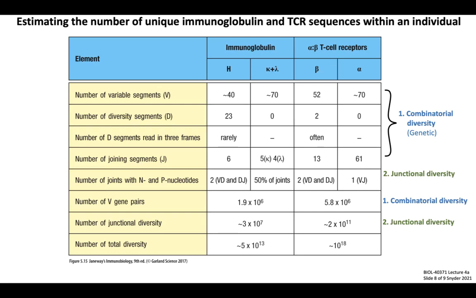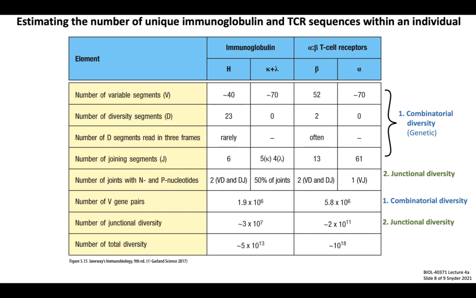We first learned about how high numbers of different V, D, and J gene segments can be paired together, forming all sorts of possible combinations, which represent the first mechanism of genetic combinatorial diversity, which we had listed earlier in this talk. We've also learned about the process of P and N nucleotide manipulation when joining these segments in imprecise coding joints. And this adds an important second mechanism of genetic junctional diversity.